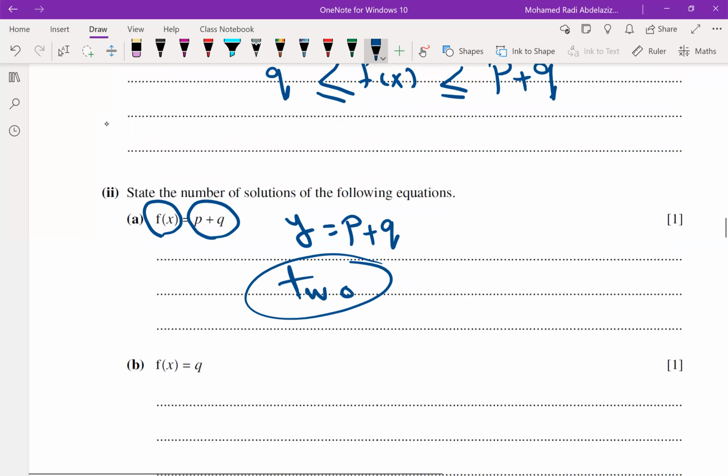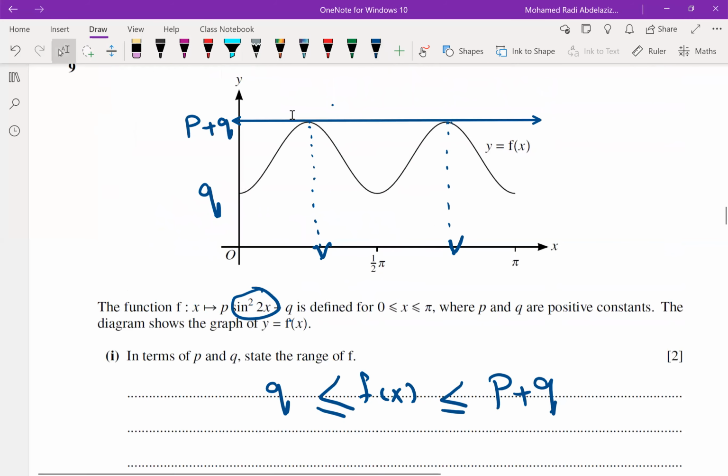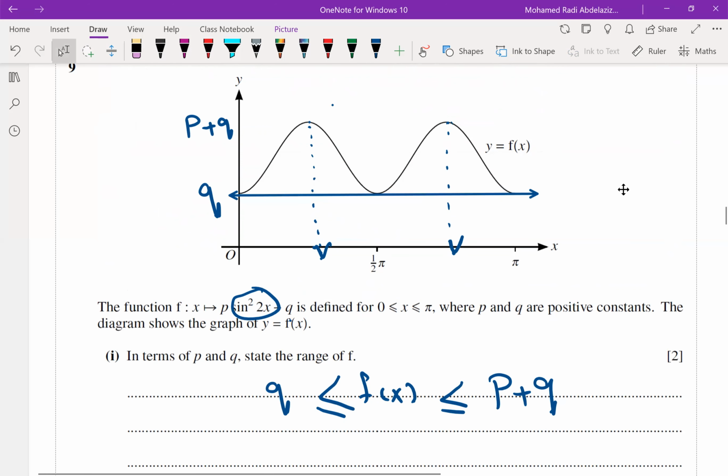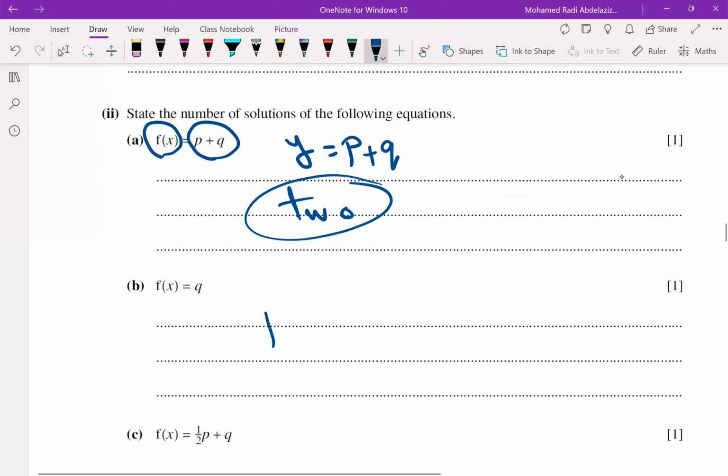Now f of x is equal to q. By drawing the horizontal line y is equal to q, this line touches or cuts the curve at how many points? Just from 0 to pi for the domain. The curve and the line touch at 3 points. So there will be 3 solutions.